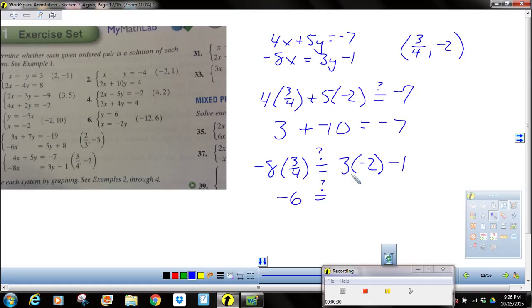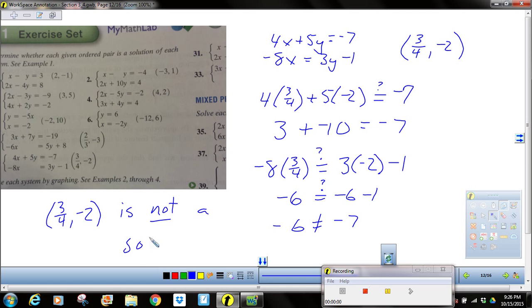We're trying to find out if that's equal to -6 minus 1. I don't think so. -7. And they are not equal, and because they're not equal, I could say 3/4, -2 is not a solution for that system of equations.